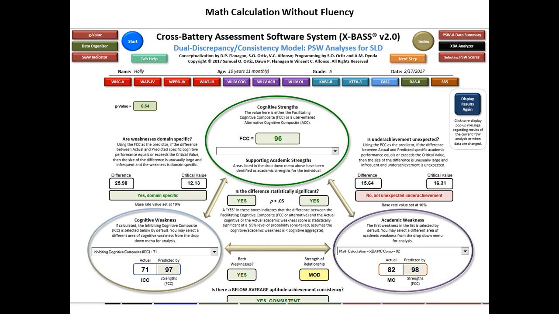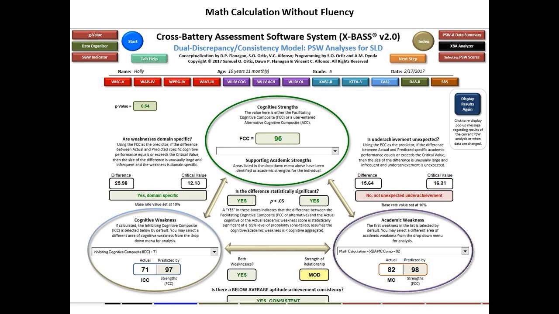The difference between predicted and actual performance is almost 26 points. It meets or exceeds a critical value, which means that that difference occurs in about 10% or less of the population, indicating that it is a domain-specific cognitive weakness.